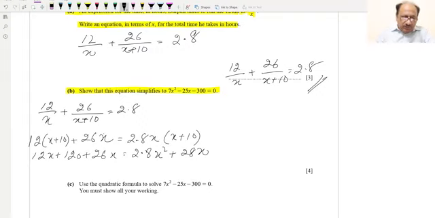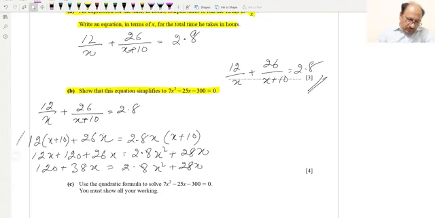Now we can add the like terms. This side will be 120 plus 38x, and is equal to 2.8x squared plus 28x.